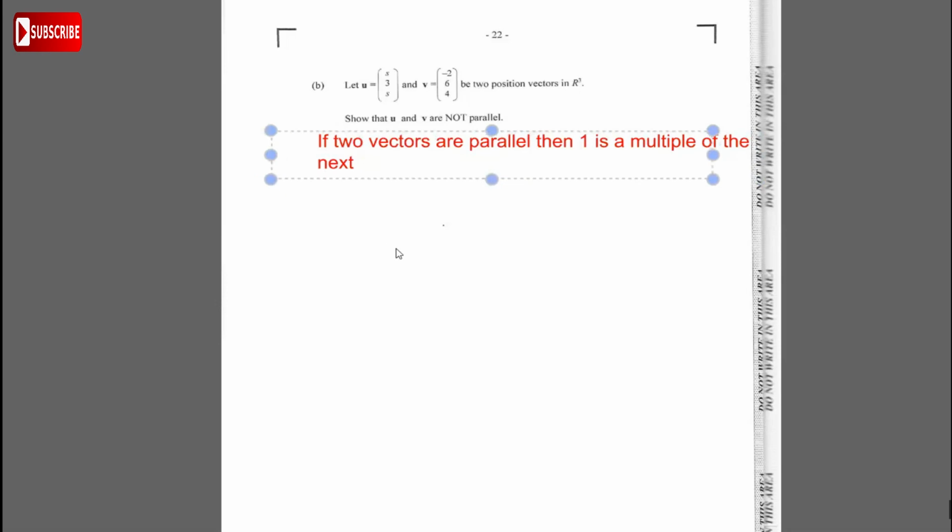That's what we know. So let's show that. Look at this now. And so that means that maybe vector V is equal to some constant times vector U.